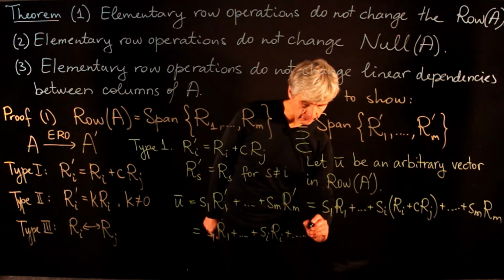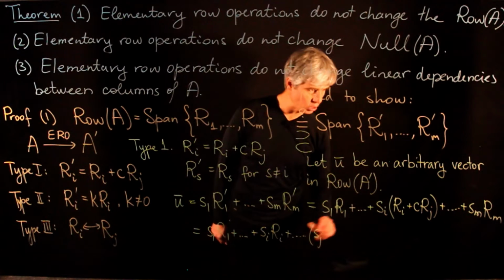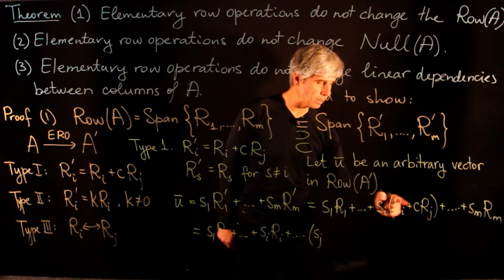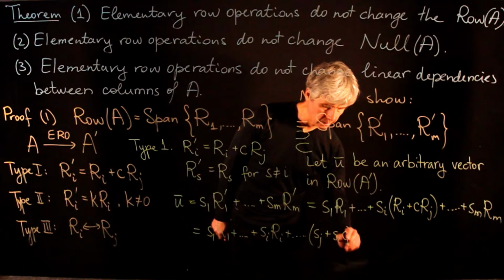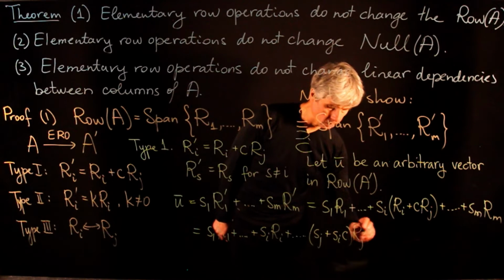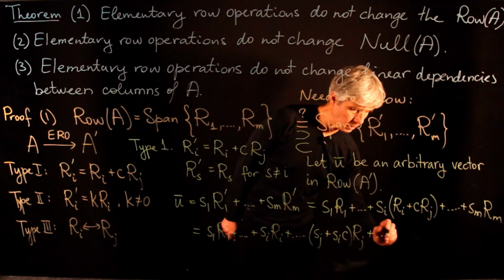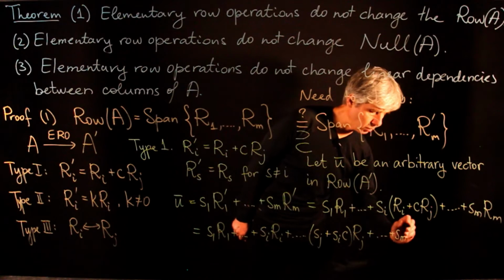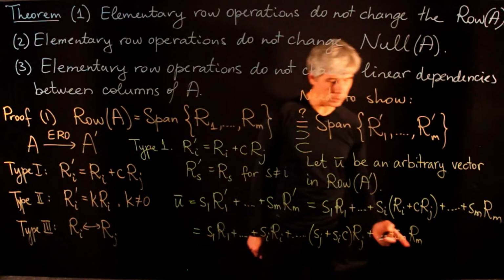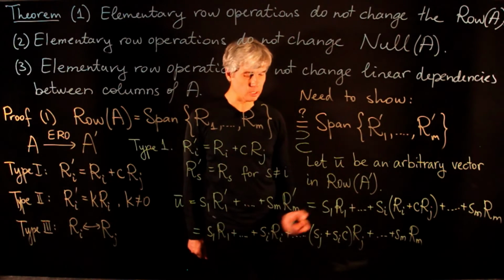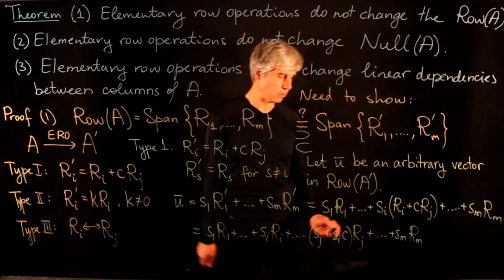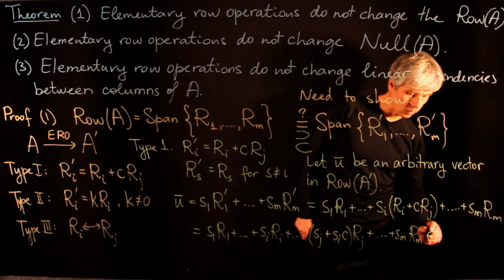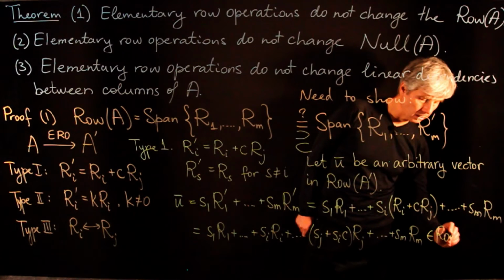So we will have Sj times row j, and also Si times C times row j, plus dot dot dot plus Sm times row m. And what we see is that this expression is a linear combination of the rows of the original matrix. So this means that this belongs to the row space of the matrix A.